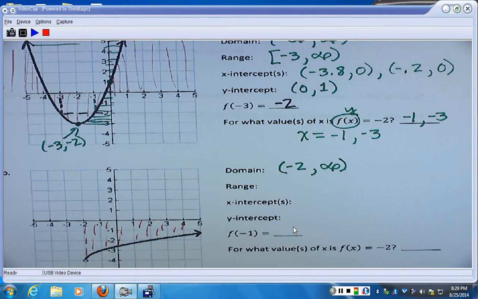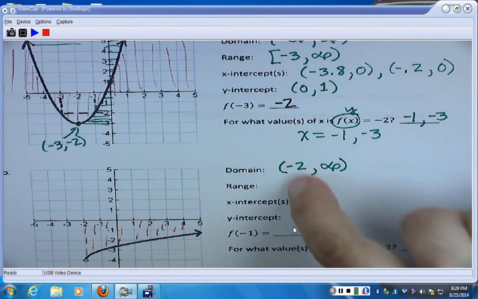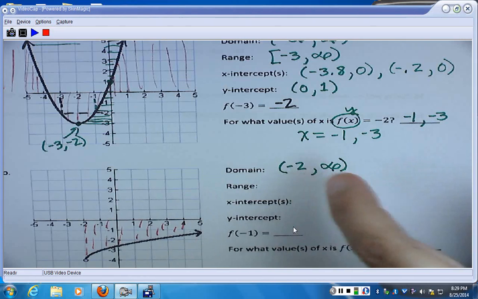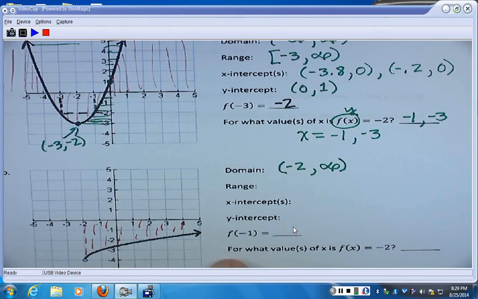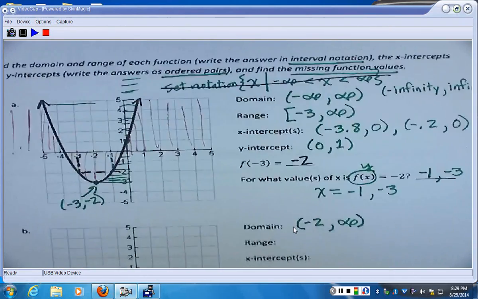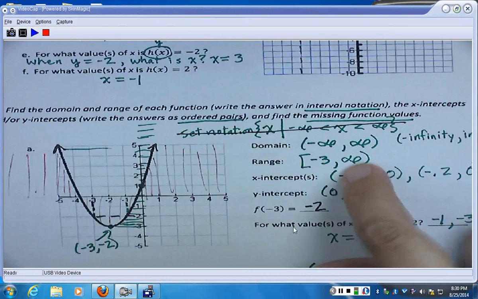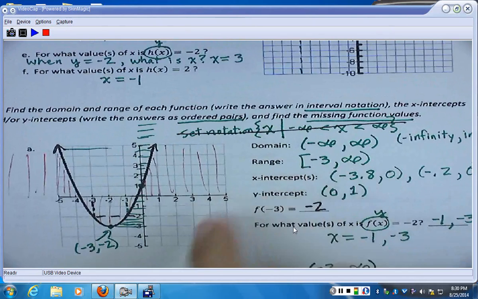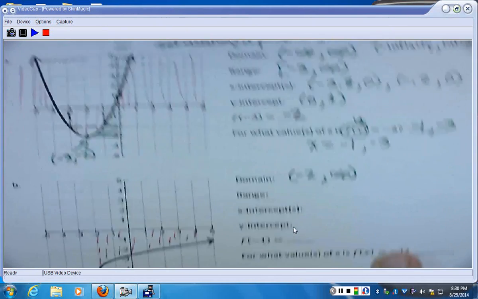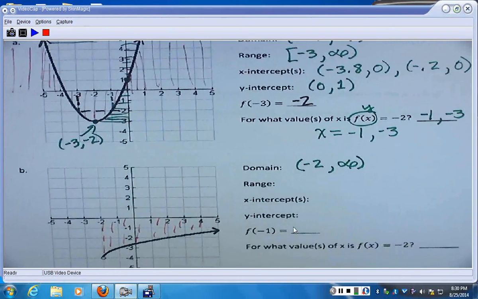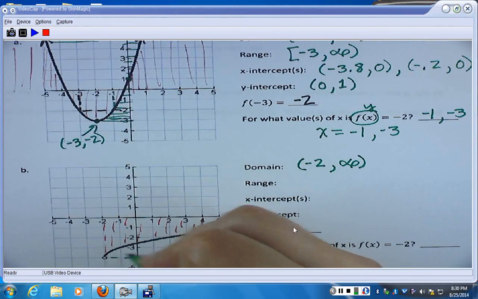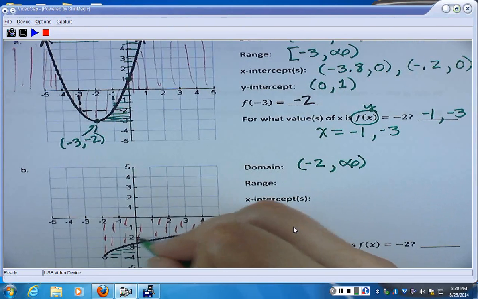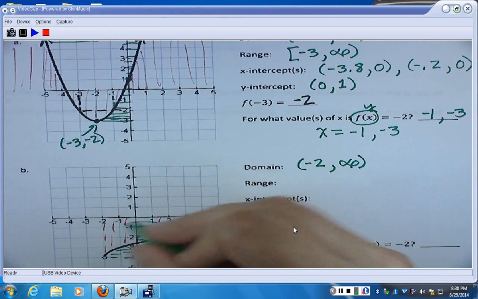Now the other thing you need to remember is when you're doing interval notation, smallest number, largest number, left to right on the graph. So don't tell me that the range up here was infinity, comma, negative 3. You're going to be counted wrong in my math lab when you do that. Okay, and then the range is what? You can project this.